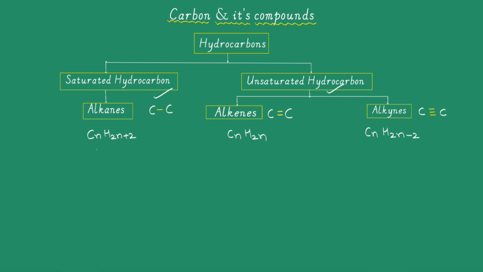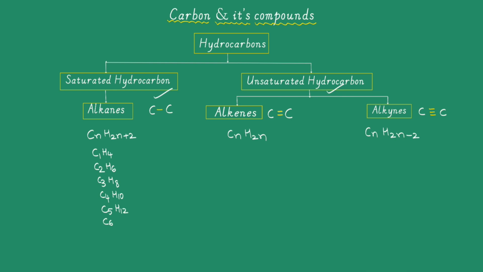So simply, C1 if it is there, then H 2 plus 2, 4. C2 if it is there, H 4 plus 2, 6. C3 if it is there, double is 6 plus 2, 8. C4 if it is there, double it, 8 plus 2, 10. C5 if it is there, double it, then add 2, that is 12.